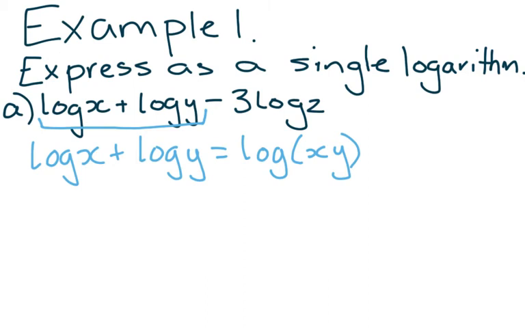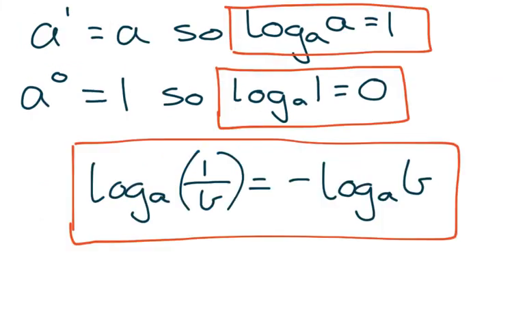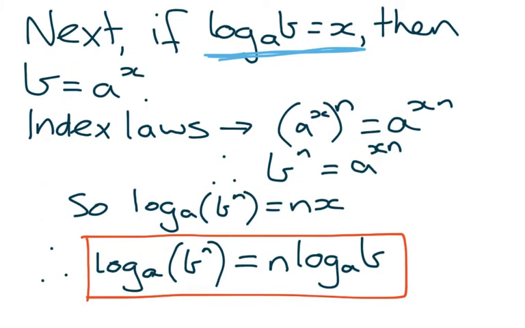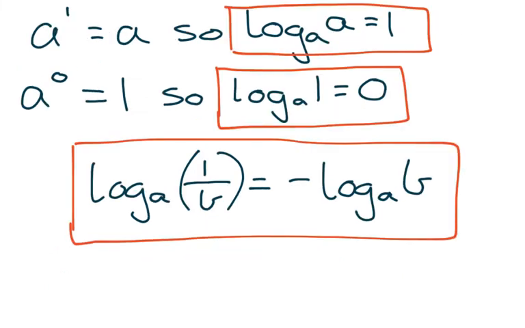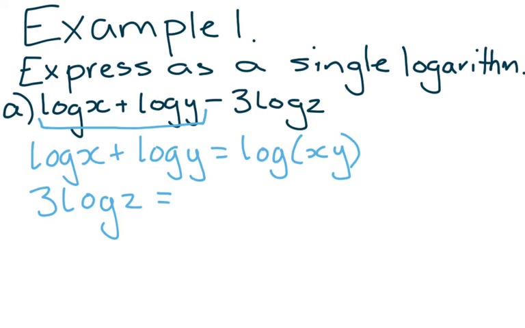Then, if we have a look at the 3 log z, if we go back to our log laws, it's this one here where we have n log base a of b, where n becomes the power of b. So we would end up with log of z cubed. I'm just going to underline that in red.